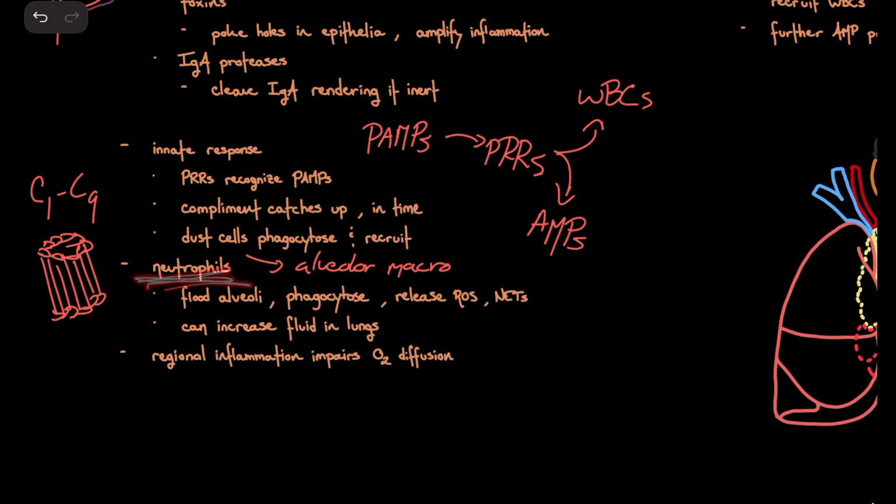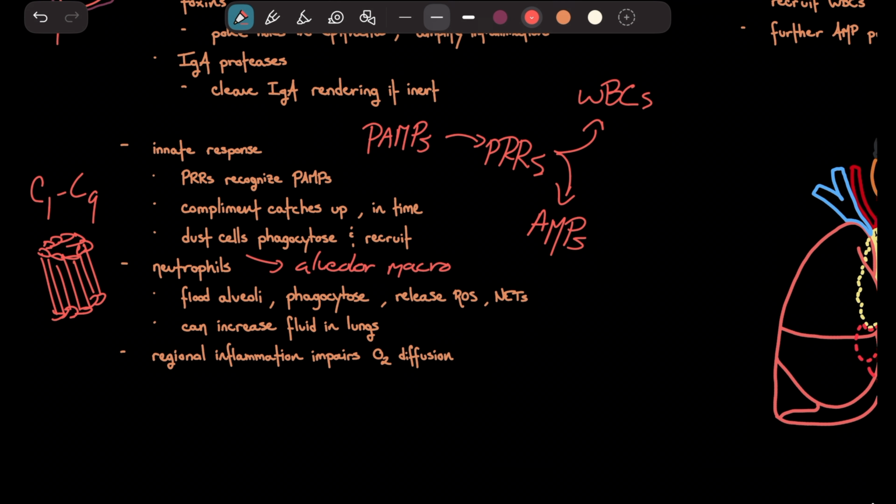So back to the flooding idea, though. So neutrophils, of course, are EMTs. They're right on the scene. Go to the alveoli, phagocytose, releasing their reactive oxygen species and their nets, but they can increase fluid in the lungs. And that's another thing that I wanted to talk about, and I think I've mentioned it a good bit this unit, is our immune system. We need it to be contextual and graded.